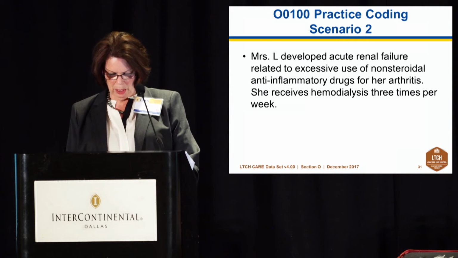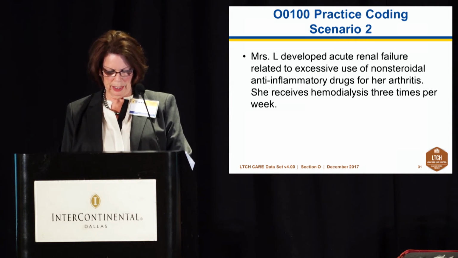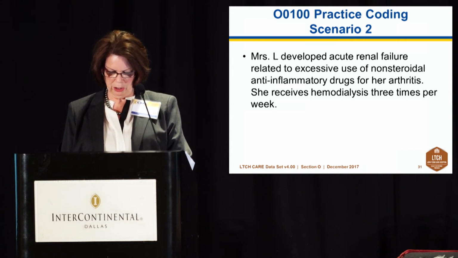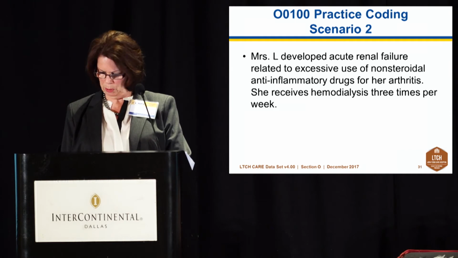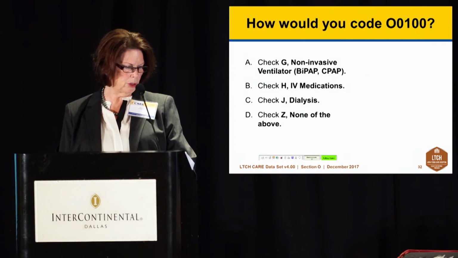and scenarios. So the second scenario, Mrs. L developed acute renal failure related to excessive use of nonsteroidal anti-inflammatory drugs for her arthritis. She receives hemodialysis 3 times per week. How would you code this scenario?